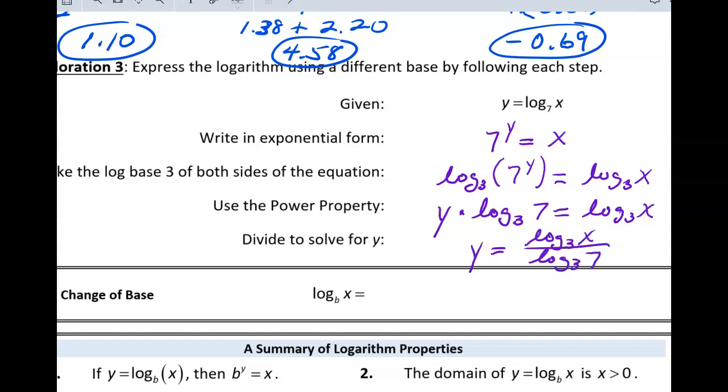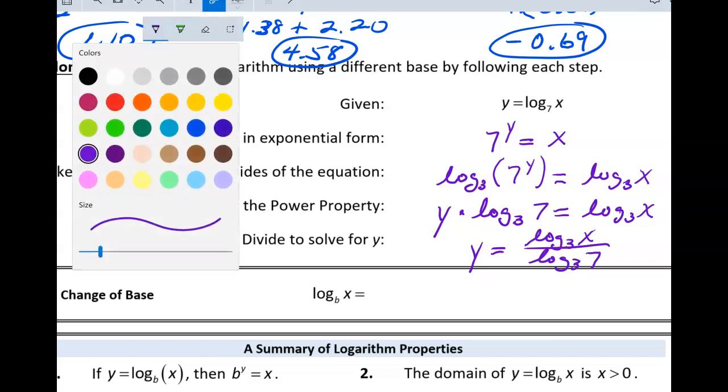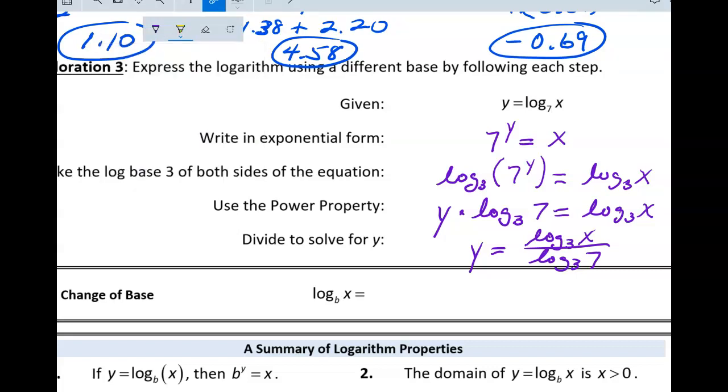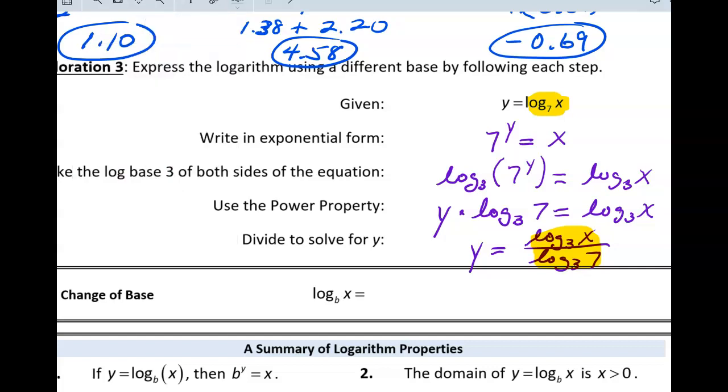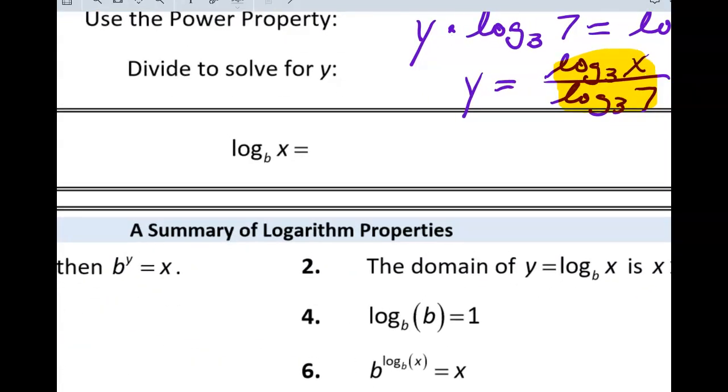So what I want you to notice here is we took an original expression, log base 7 of x, and we solved for y, which is equal to that, and just re-expressed it in a different form. That's equivalent to log base 3 of x over log base 3 of 7. Now we could have converted to any other base here. So the 3 was just an arbitrary number that was chosen here, just to illustrate the property.